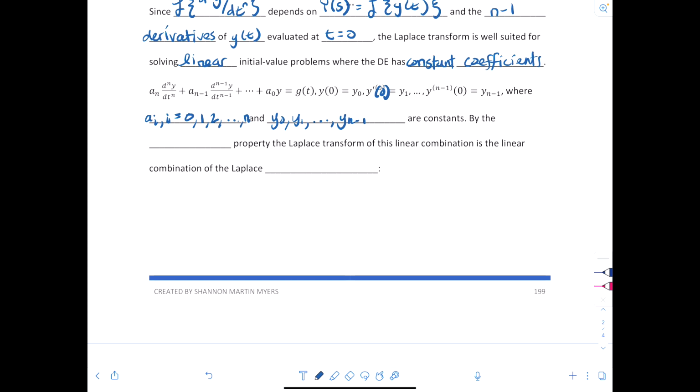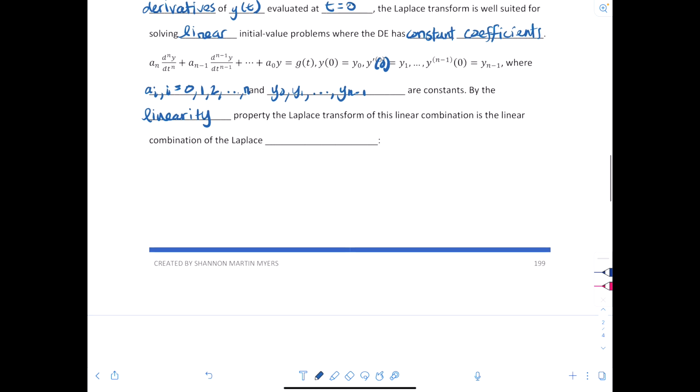By the linearity property, the Laplace transform of this linear combination is the linear combination of the Laplace transforms.